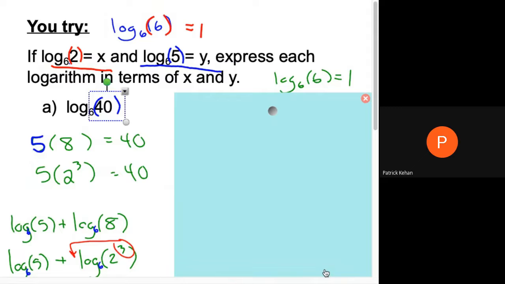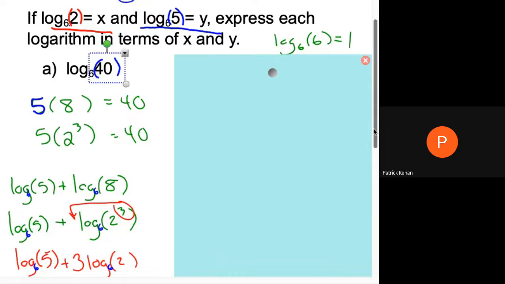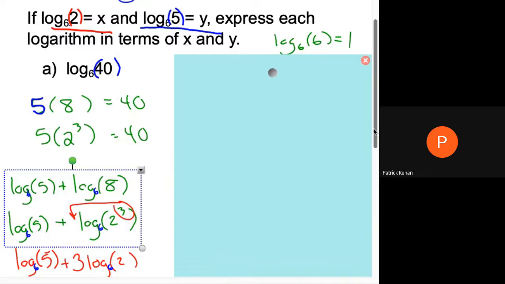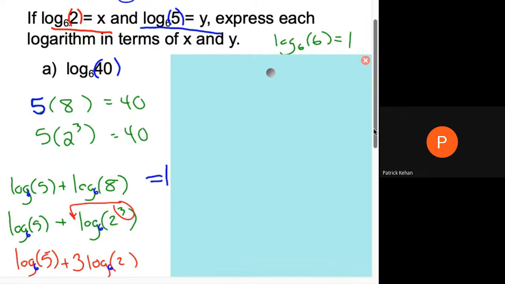So since 5 times 8 is 40, I'm going to rewrite log base 6 of 40 and expand it into log base 6 of 5 plus log base 6 of 8, right?